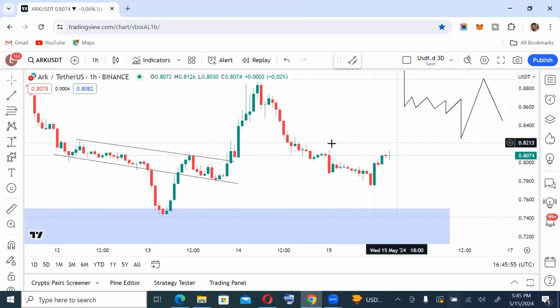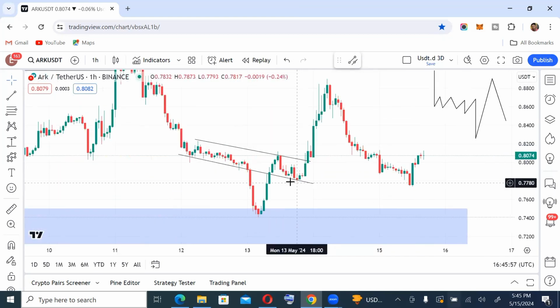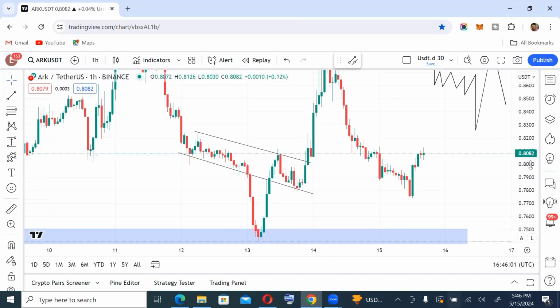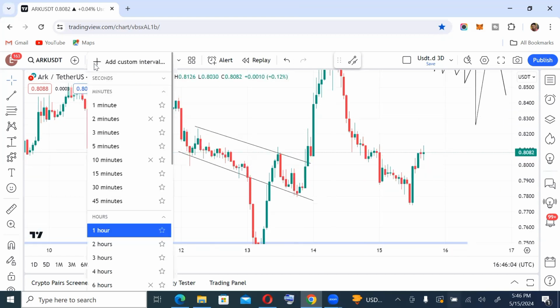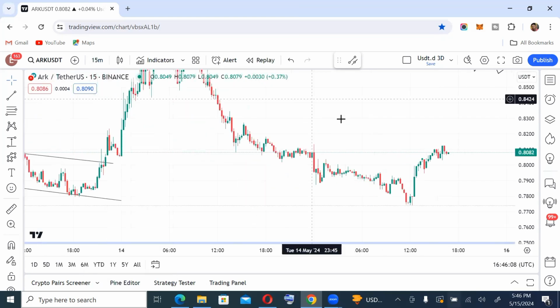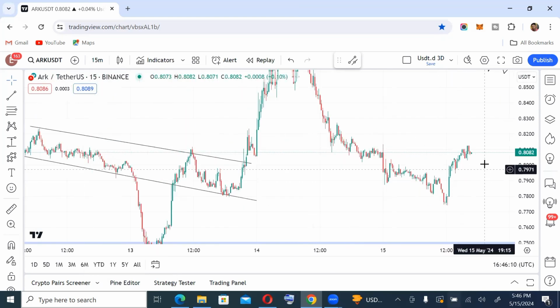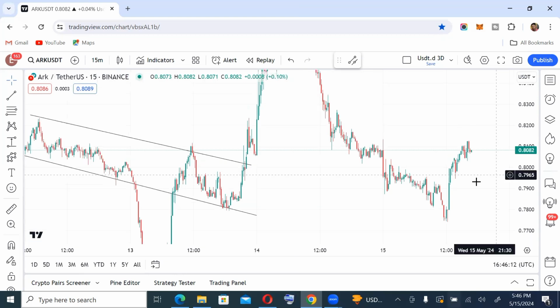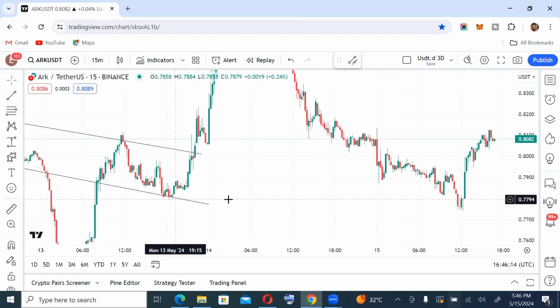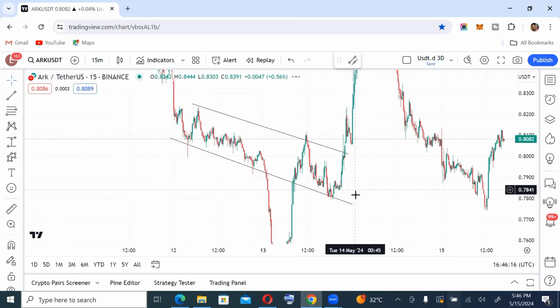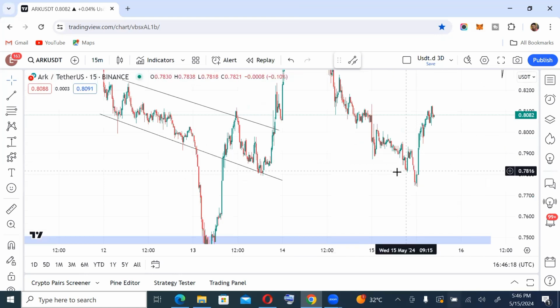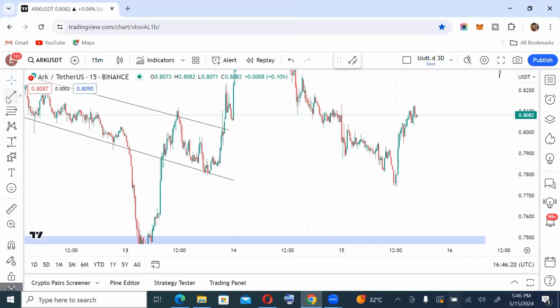So let's go to 15 minutes now. Let's see what 15 minutes is looking like, and see how we'll be able to simplify our trading. Can you see? We have taken our liquidity, right? How do you know you've taken our liquidity?